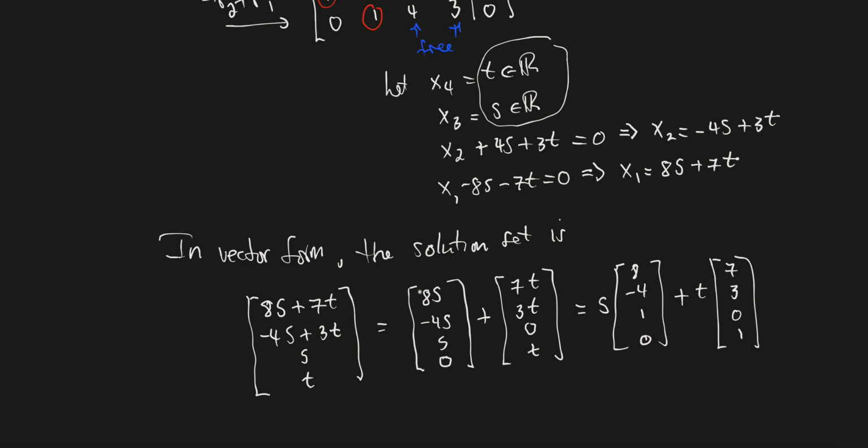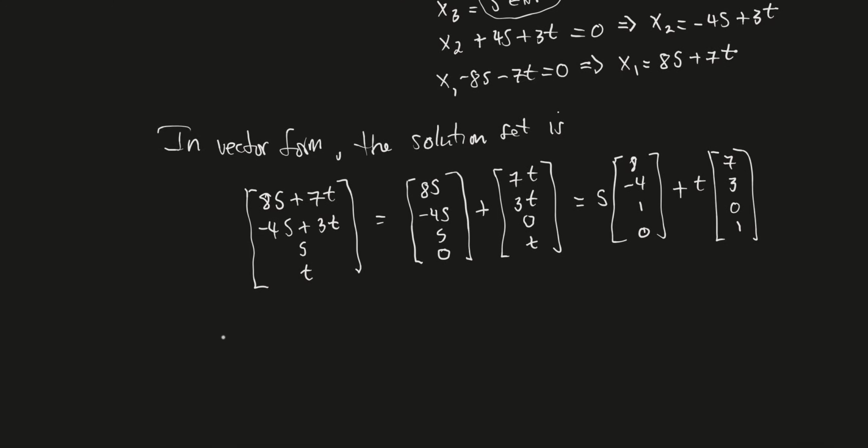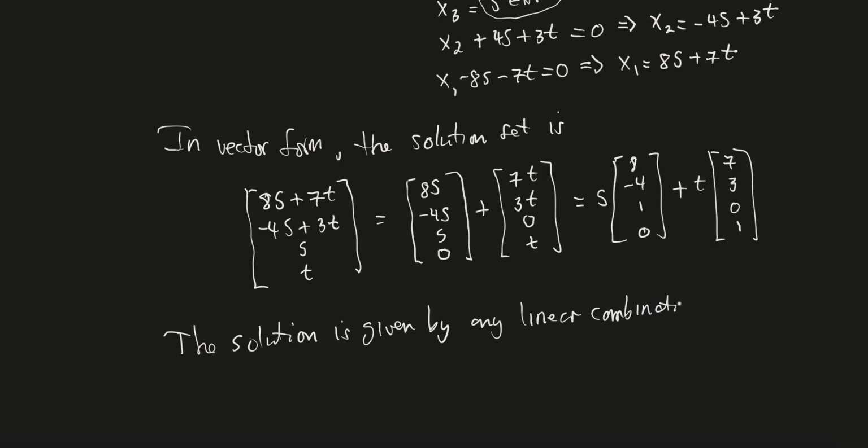So we can actually describe the solution set to our homogeneous system as the span of these two vectors, right? In fact, let's write two things down. So the solution set is given by any linear combination of these two vectors.